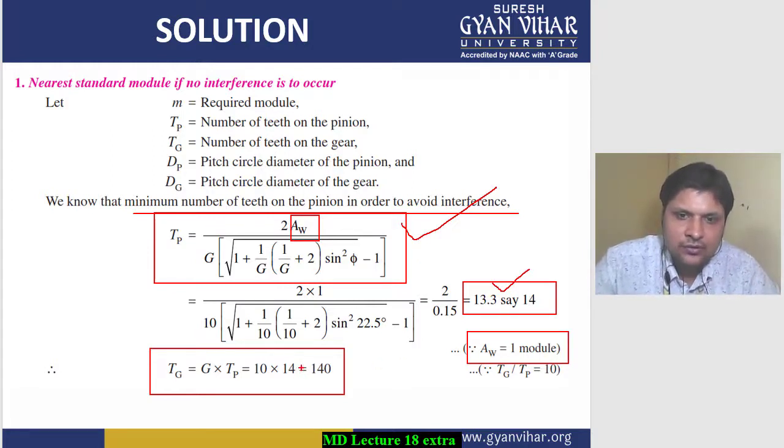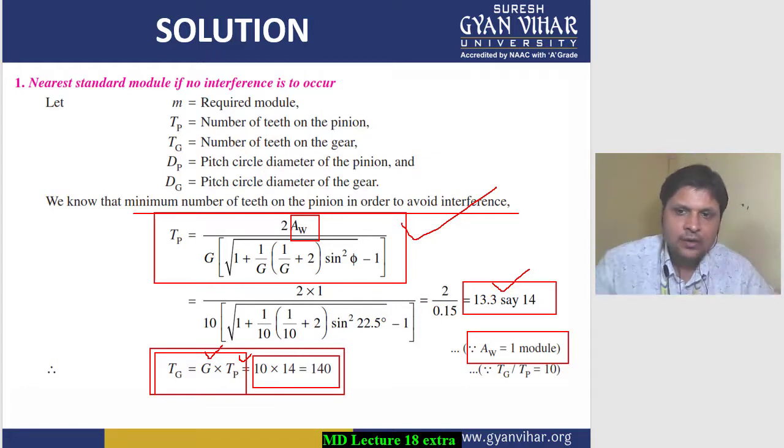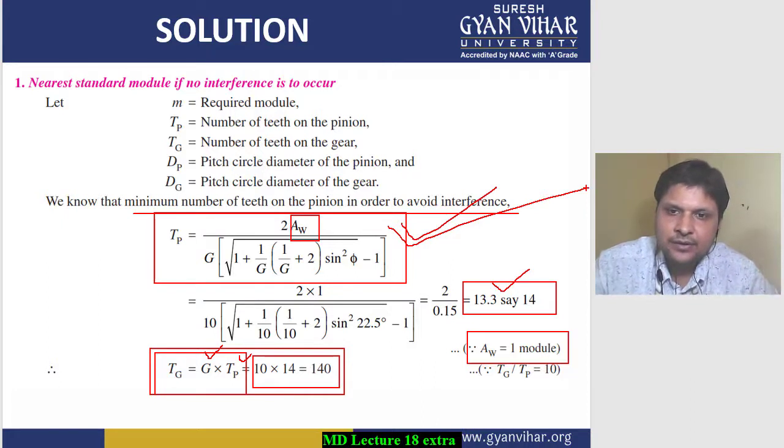Now we all know TG by TP is the gear ratio, which is 10. So multiplying 10 by the number of teeth on the pinion, you get TG equal to 140. So the number of teeth on the gear is 140 and on the pinion is 14. This formula you will have to use to find the number of teeth to avoid interference.